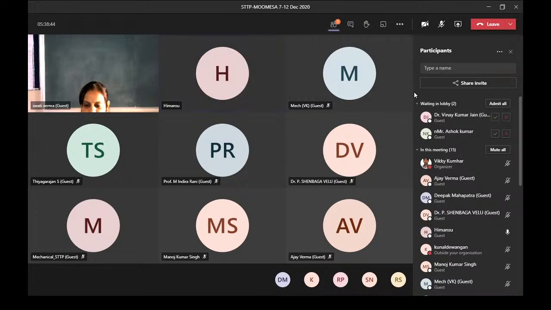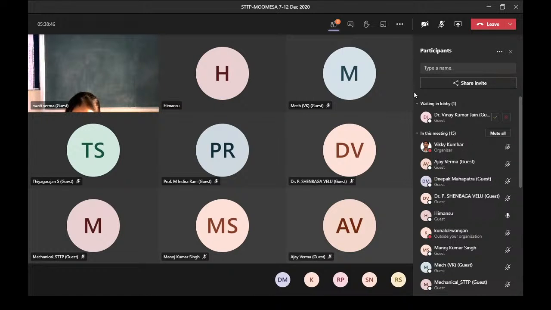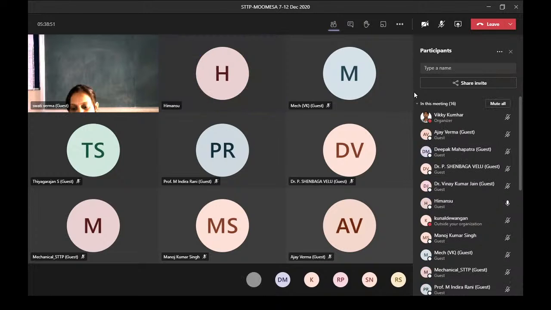There is an icon of a speaker in the video call, and beside that there is an open share tray option. From there you can share your presentation, sir. Just a moment. Okay, sir, we are waiting. No problem.